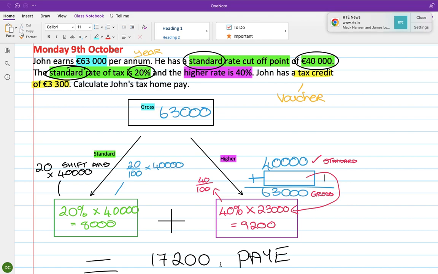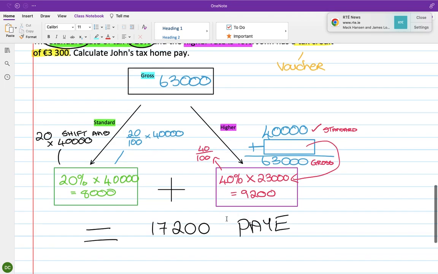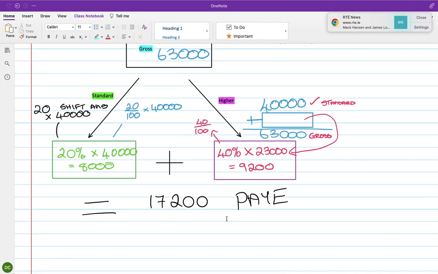That €50 voucher will make the jeans less expensive to you. You only owe them €100. That's what a tax credit does. It's a voucher. So we owe the government, or John owes the government, 17,200. He gets a voucher or a tax credit of 3,300.